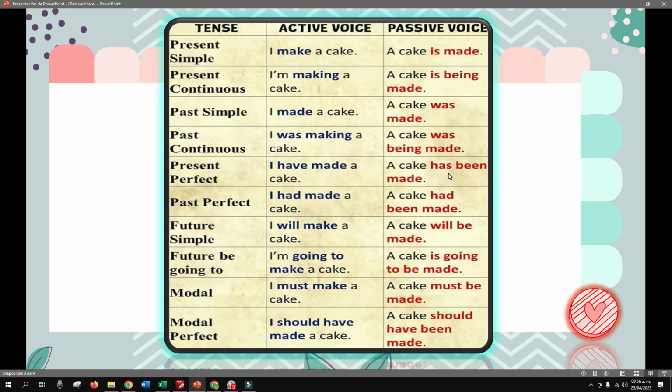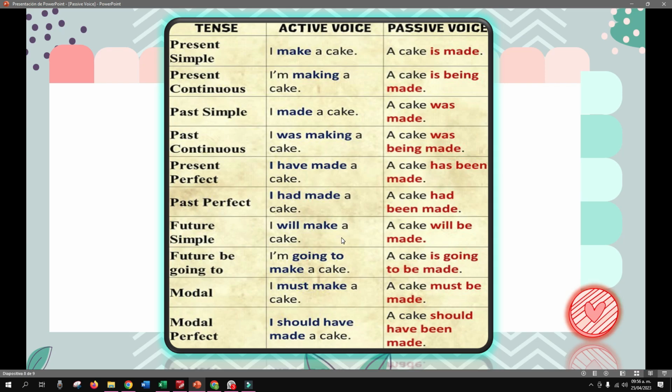So has, and also add been and made. That's the past participle, right? So I have made a cake. A cake has been made. Past perfect also, I had made a cake. A cake had been made.